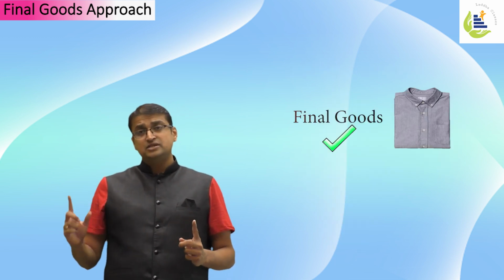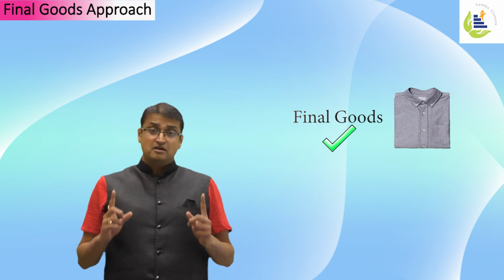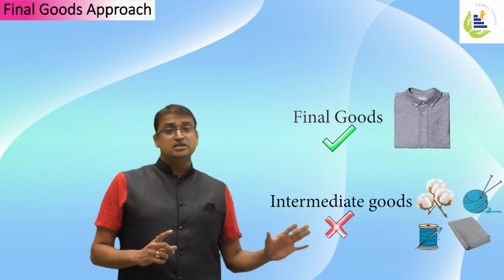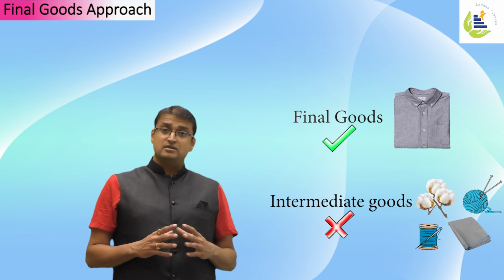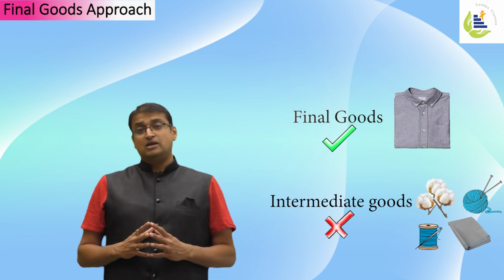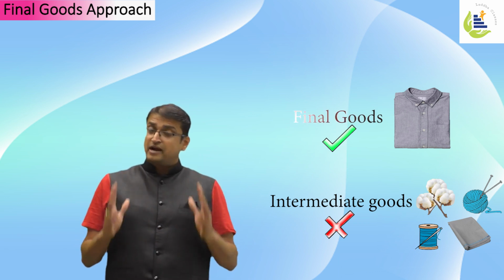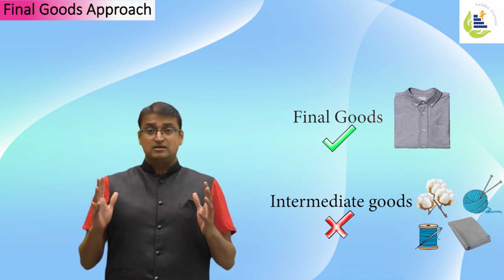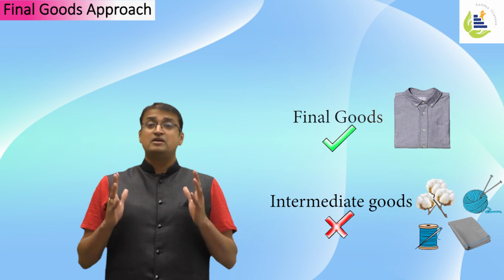Ensure here we only consider values of final finished goods and services. We do not consider values of intermediate stage goods or even raw materials. If we tend to add them, it will lead to double counting. Hence, only final goods and services values are considered while calculation of national income.